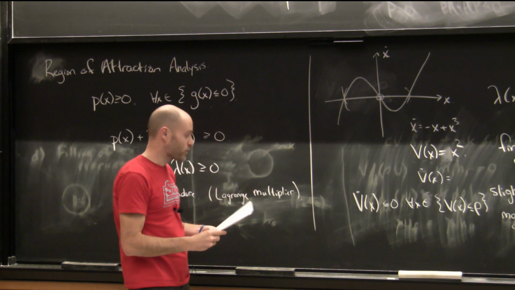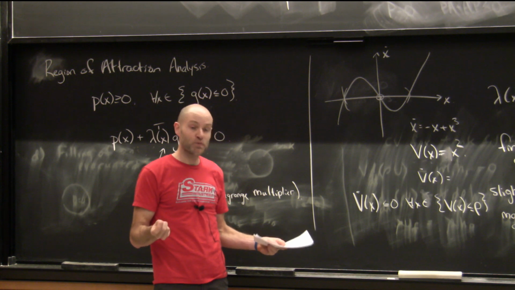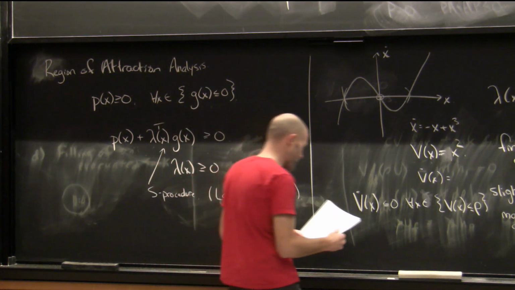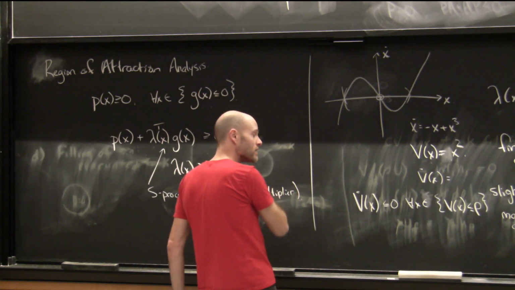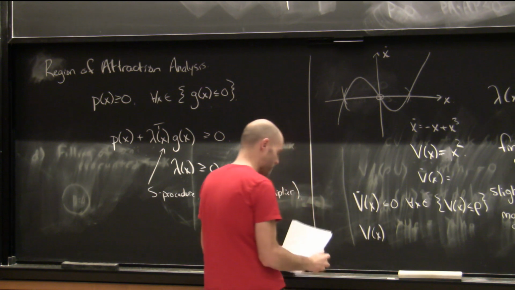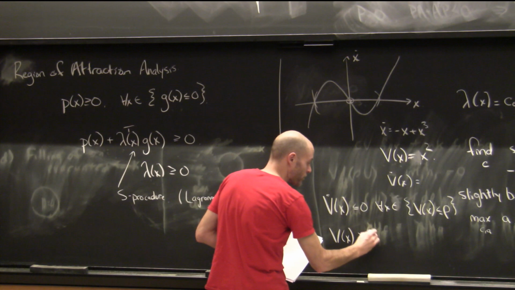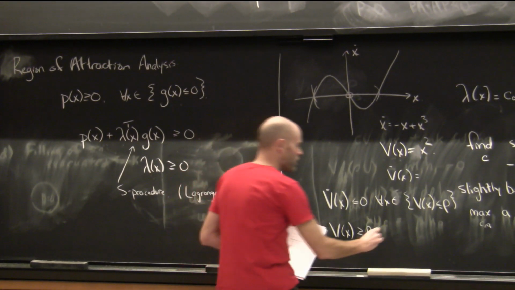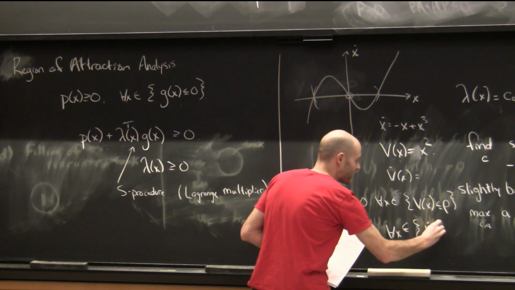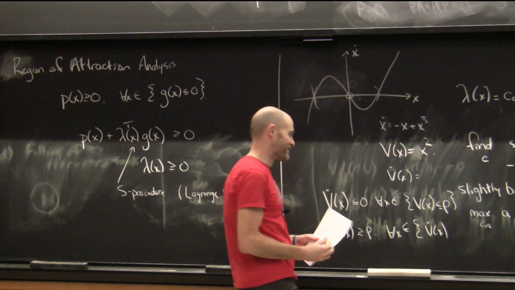There's a different formulation, which, if you're clever, also proves regions of attraction, which is to say that I want V of x to be greater than rho for all x where V dot of x is going uphill.